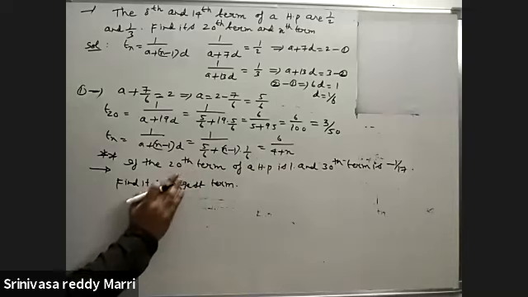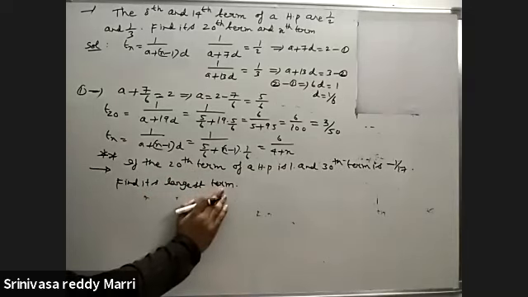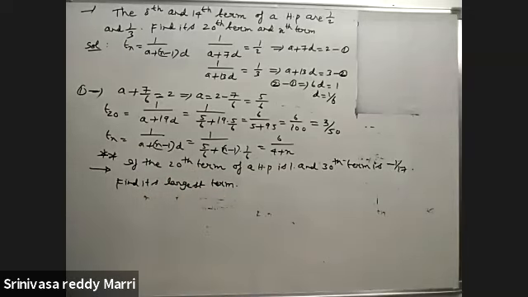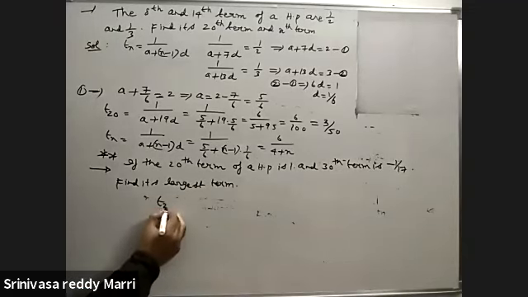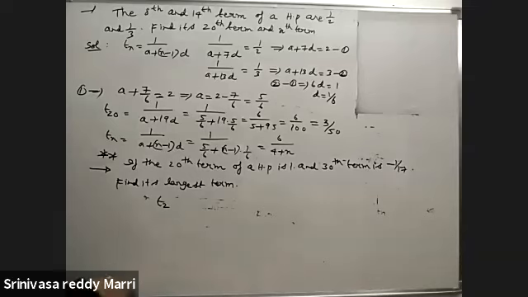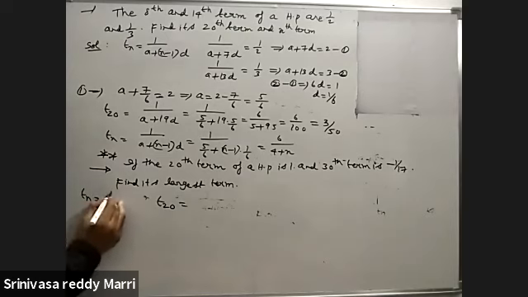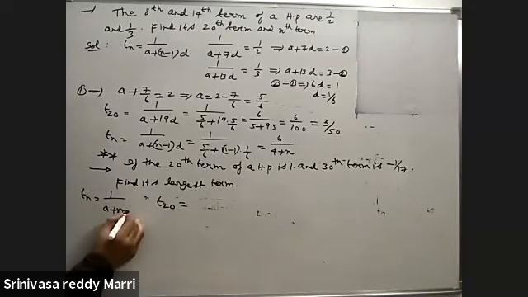First, for finding the largest term, like this, the general term you need to find out. So what is given? T20. Largest term means the one which has the maximum value. Let us take Tn equal to 1 by a plus (n minus 1) into d.